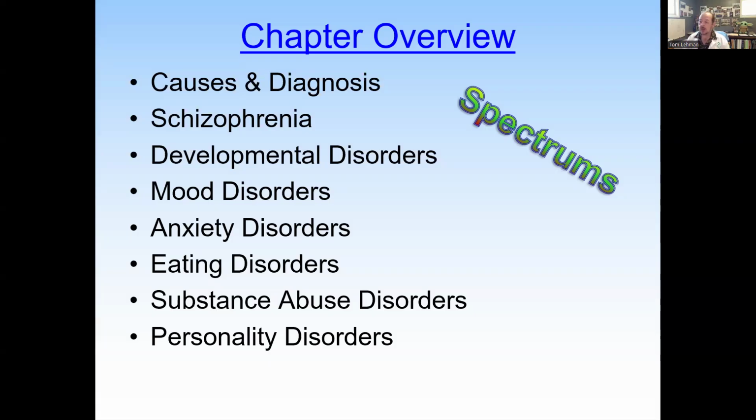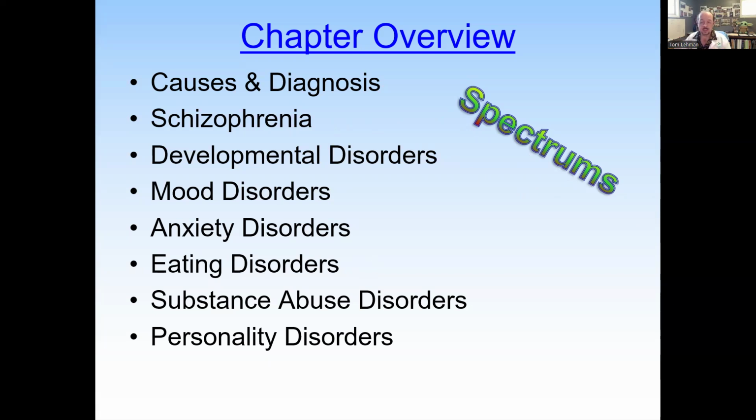The other thing to bear in mind is that any one of these conditions can be found anywhere along a spectrum. So things like schizophrenia, things like major depressive syndrome, eating disorders, any one of these can be very minor or very major. I will present you the signs and symptoms of what would be considered the textbook example.